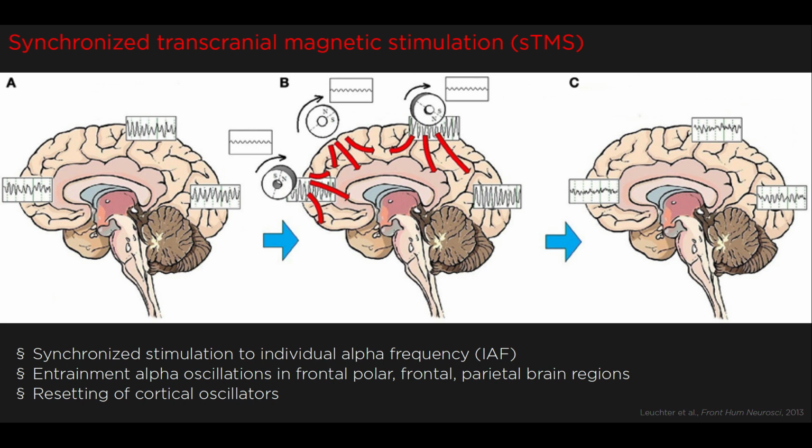Another form of magnetic stimulation actually uses rolling permanent magnets, and this is the so-called synchronized transcranial magnetic stimulation.